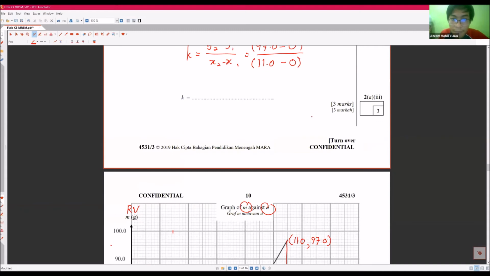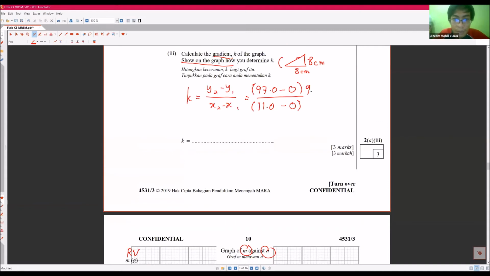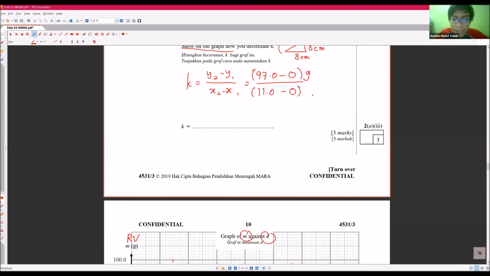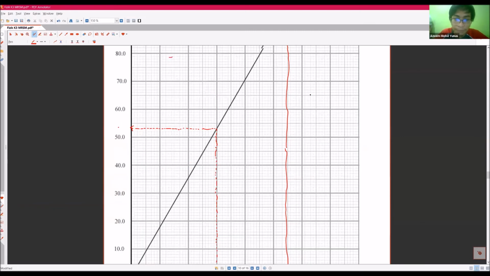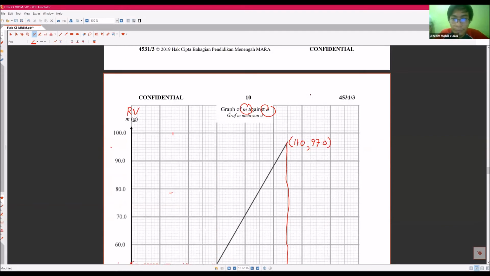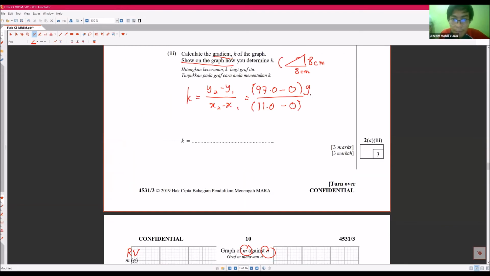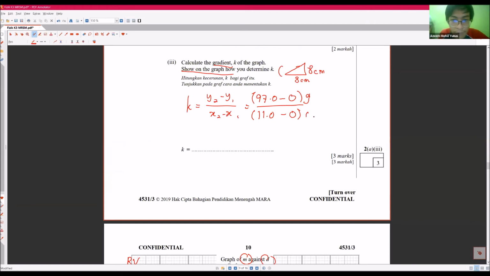The y unit is g, and the x unit is centimeter, cm. So plug that into your calculator. You got 8.818.